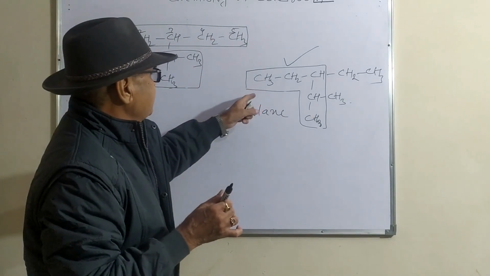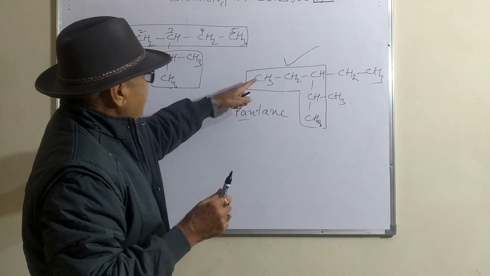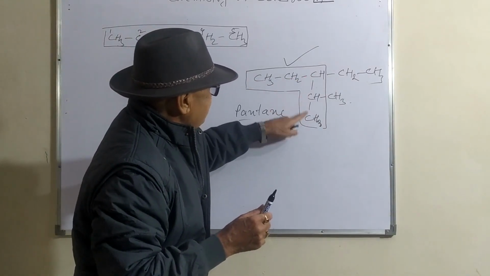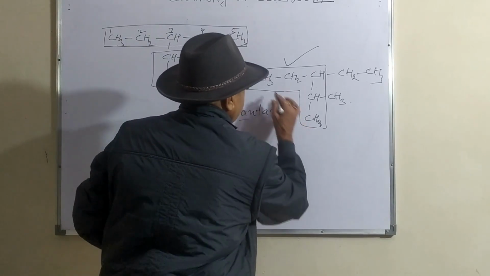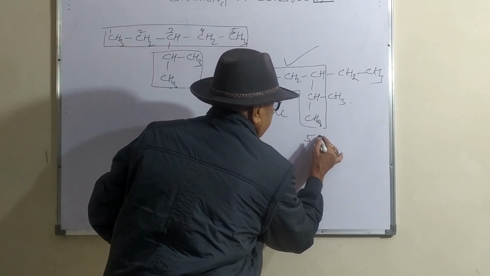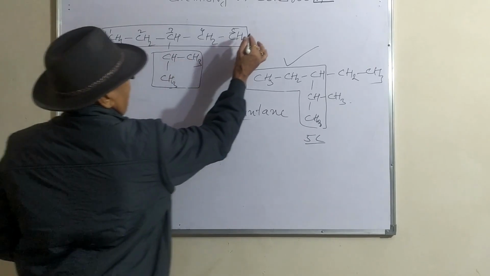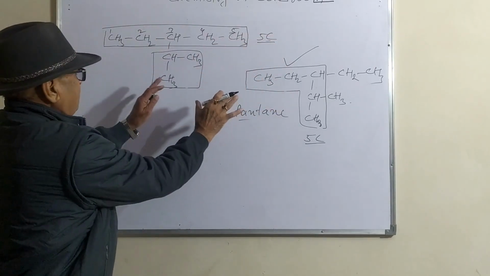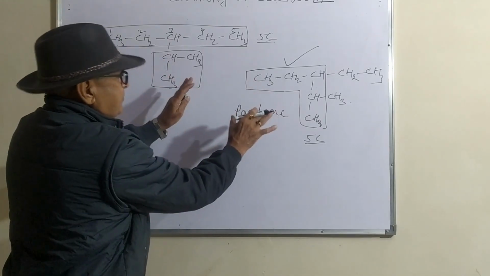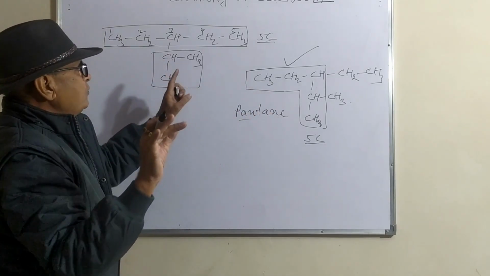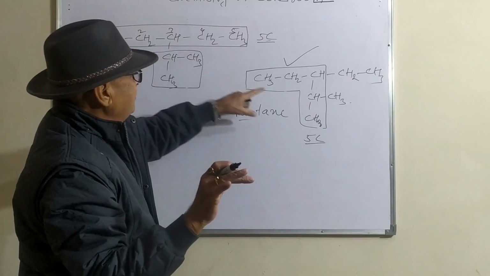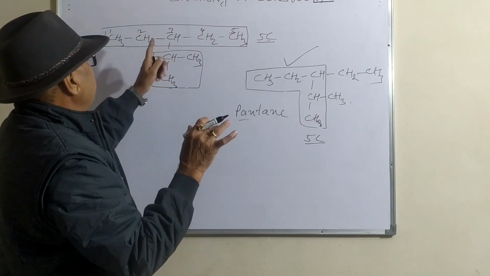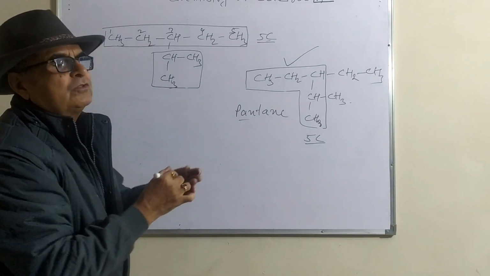In the same structure, again you can find CH3, CH2, CH, CH, CH3. This chain also has 5 carbon atoms. Both structures are the same, but to make you understand, I write both these structures in two ways.